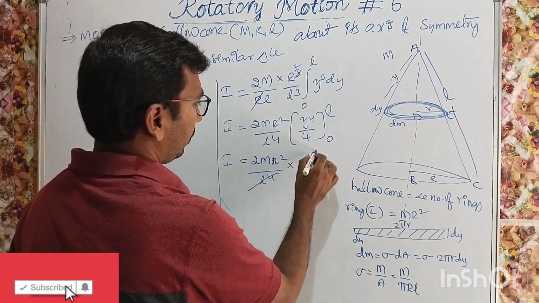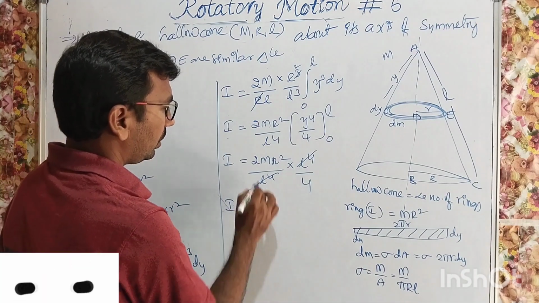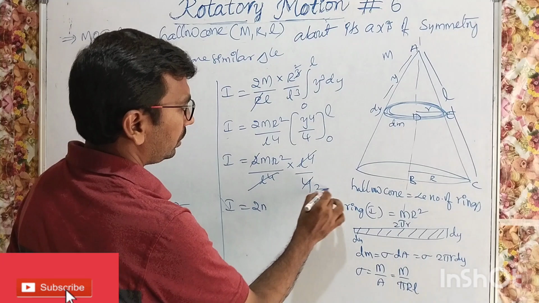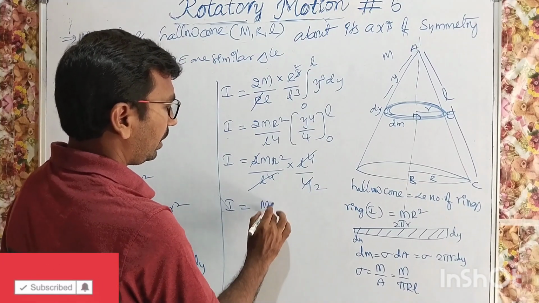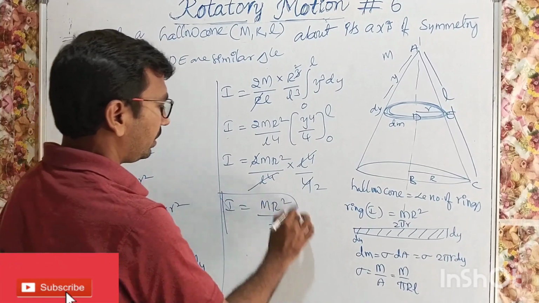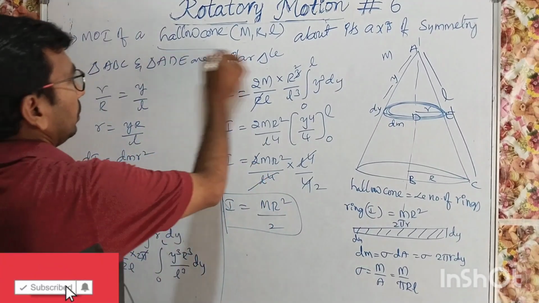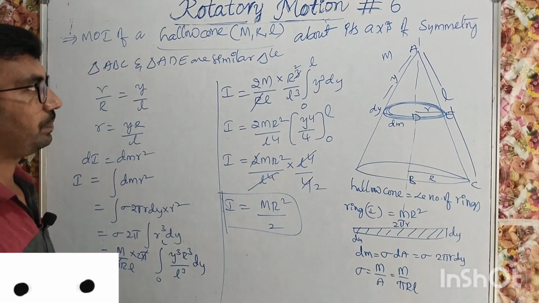So L to the power of 4 cancels, and 2 and 4 cancel. I is equal to M R square by 2. So this is the moment of inertia of a hollow cone: I is equal to M R square by 2.